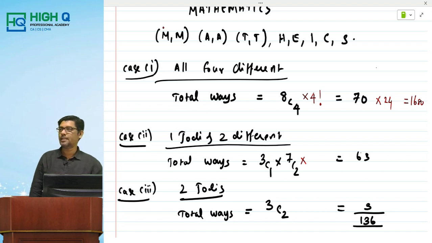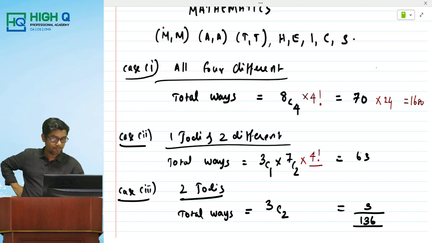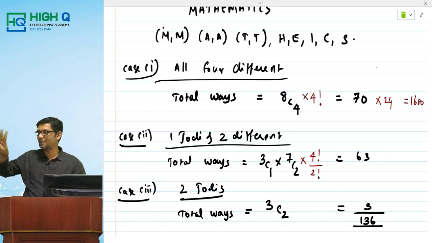Now what could be the answer? Again 4 letters I have selected. So what will be the answer? Tell me. 4 factorial by 2 factorial. Very good. Why 2 factorial, my dear? 2 letters are repeated, right? So 63 into 12.